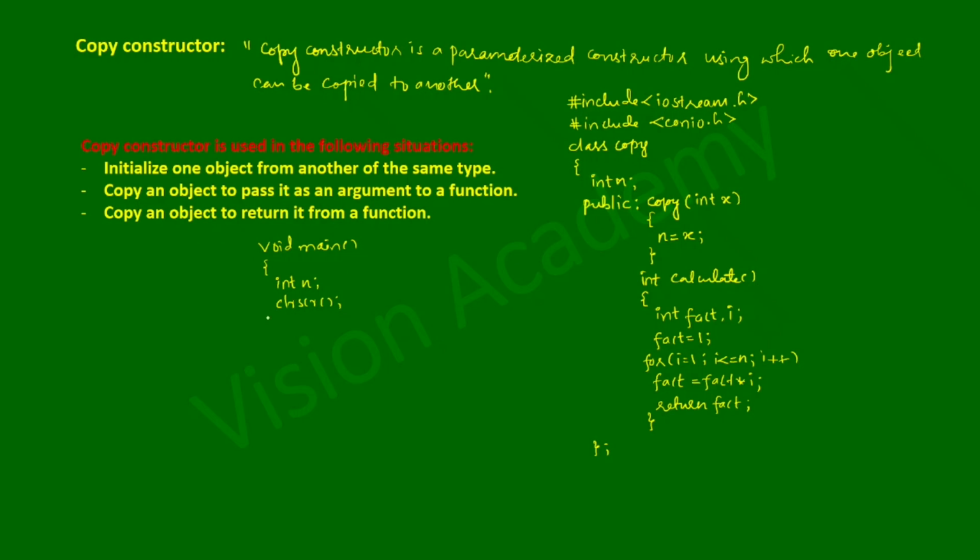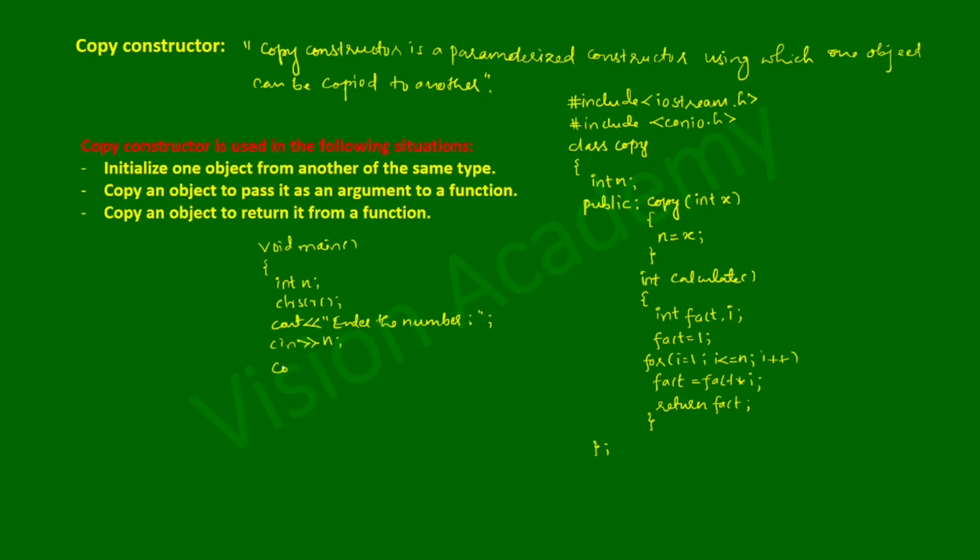So let us write cout and ask the user to enter the number. In a double quotation mark, I'll write enter the number, and the double quotation mark and put semicolon. So we will receive the input from the user using cin stream extraction operator, and we'll take n over here.